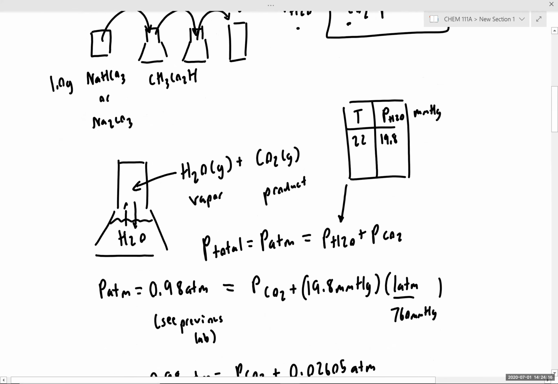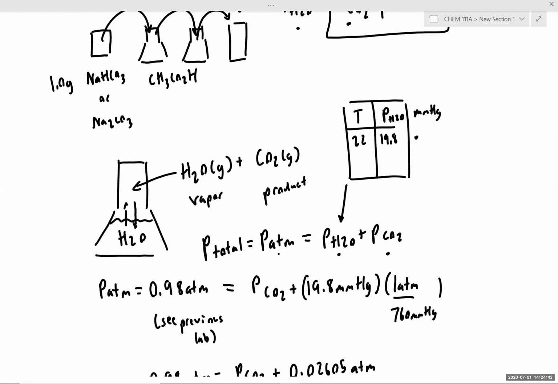Now, when we collect gases over water, the pressure associated with our gas mixture, which is equal to our atmospheric pressure, is equal to the pressure of water plus the pressure of carbon dioxide. We look up the pressure of water in our table to figure out the vapor pressure of water.